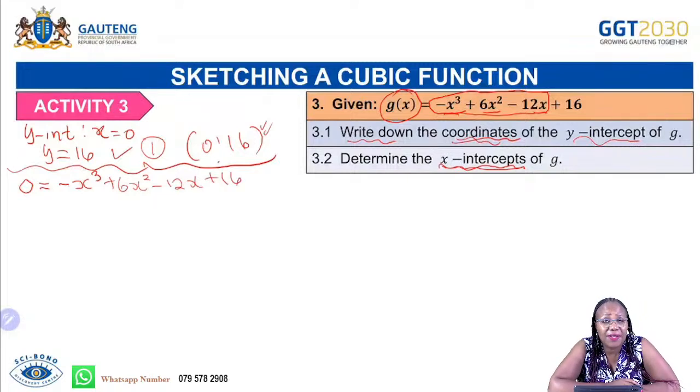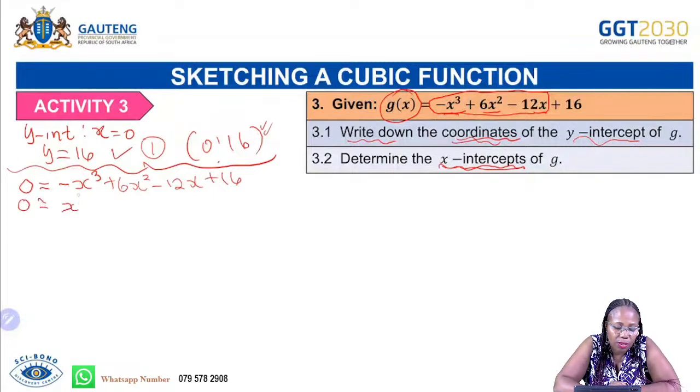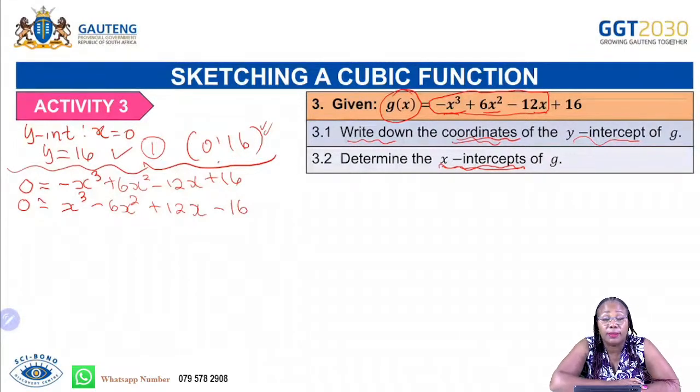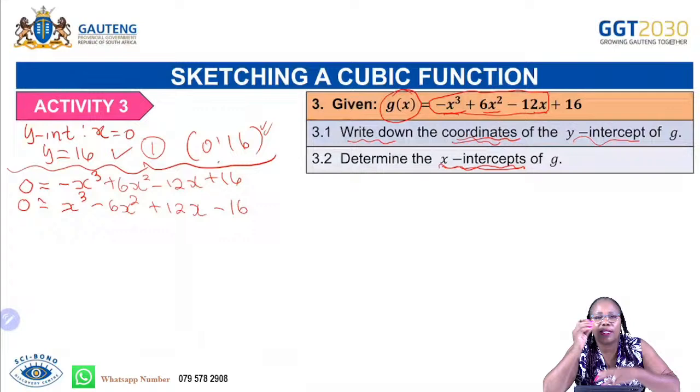Grade 12, we can't factorize with a negative on x cubed. You are going to multiply throughout by the negative. Then this will be x cubed minus 6x squared plus 12x minus 16.